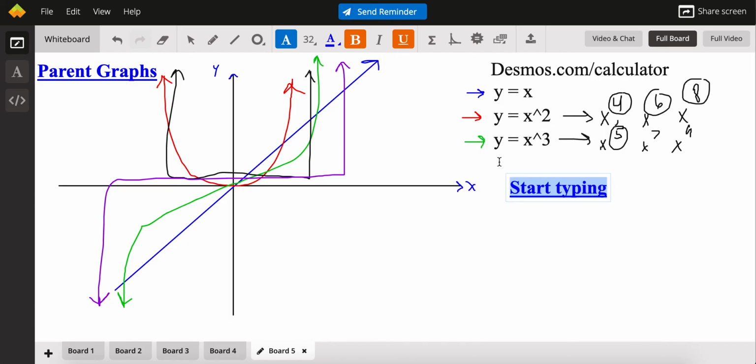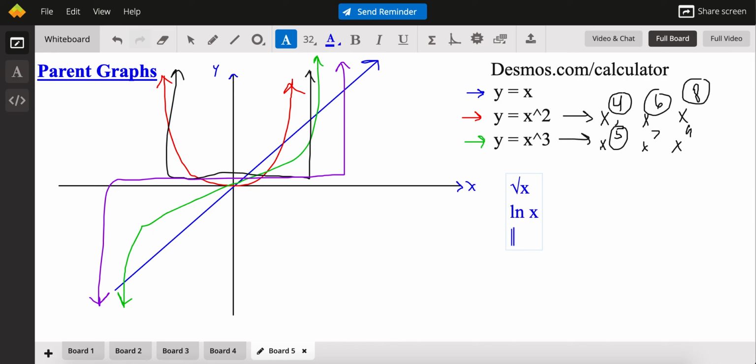Here's what they look like. I keep trying to use keyboard shortcuts. So you have the radical of x, the natural log of x. What other functions can I think of?